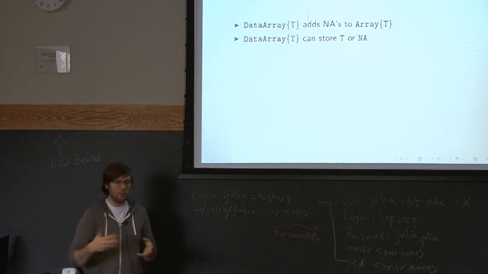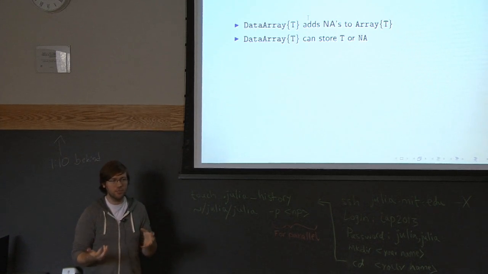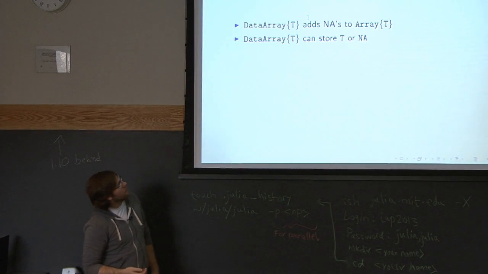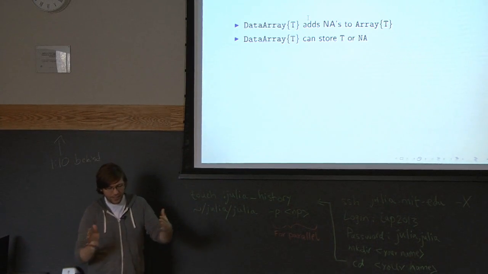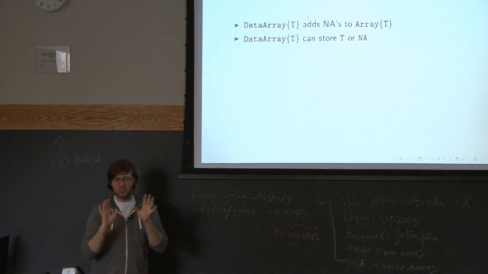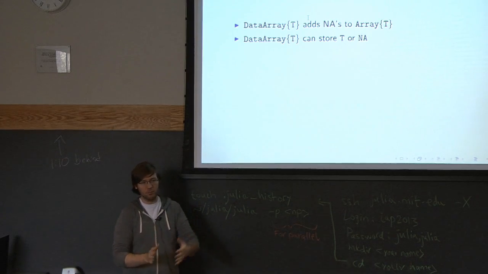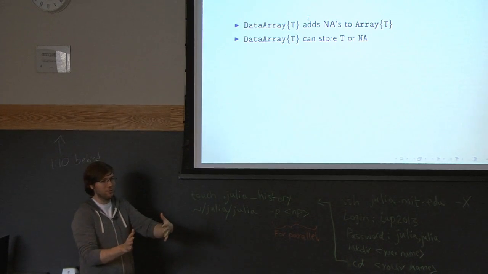The problem with that is that you now pay a pretty noticeable penalty for doing this because everything is pointers. So what we do is we add this data array type, and it basically just sort of extends the array type, but I don't use that word extends in an object-oriented sense. I mean, it's like a complement to the array type that mirrors it in a parallel universe of Julia.